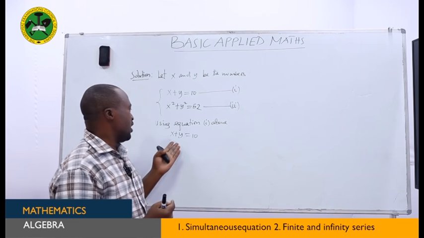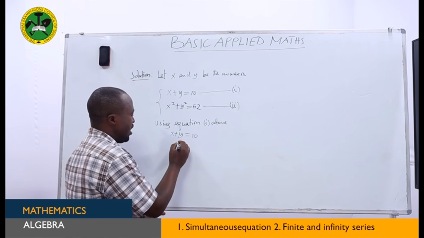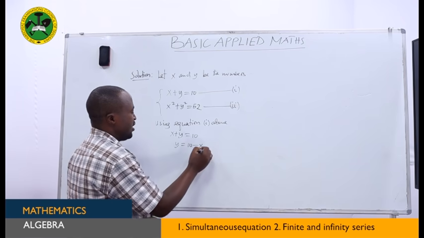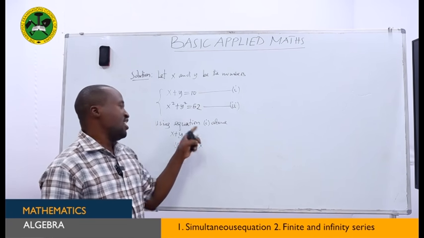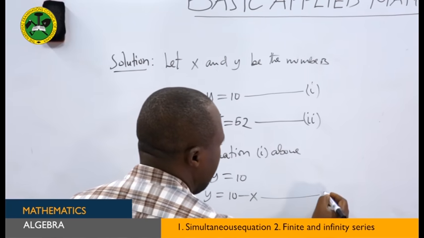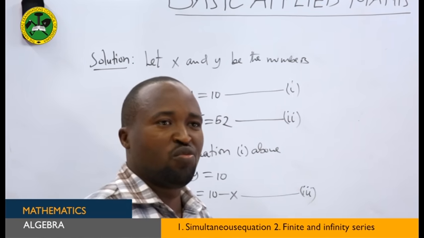Now suppose we make y the subject. So we are going to have y is equal to 10 minus x, because we just shift x to the right-hand side. Call this equation 3. Now we have three equations.